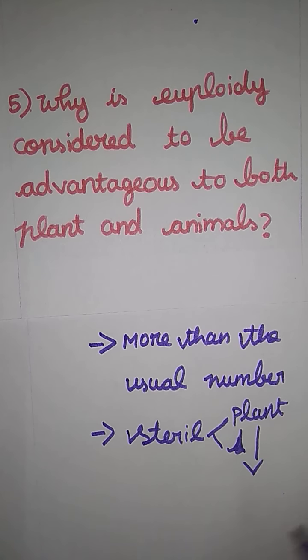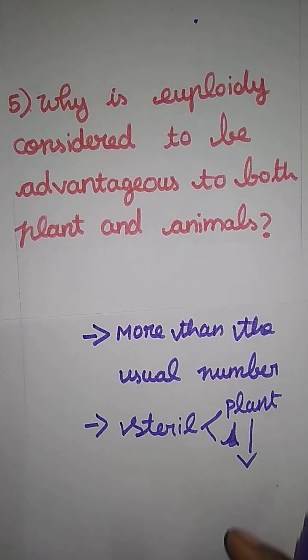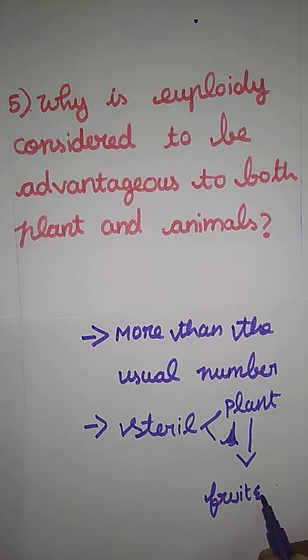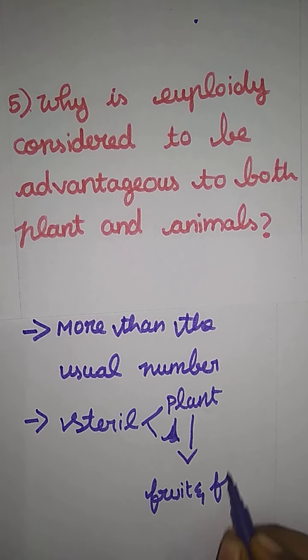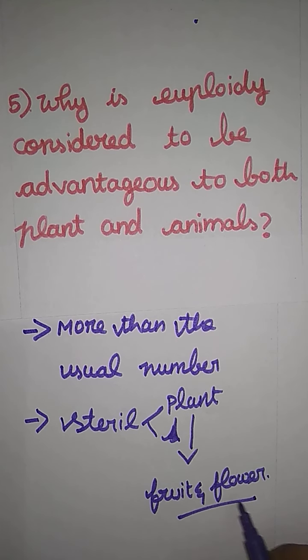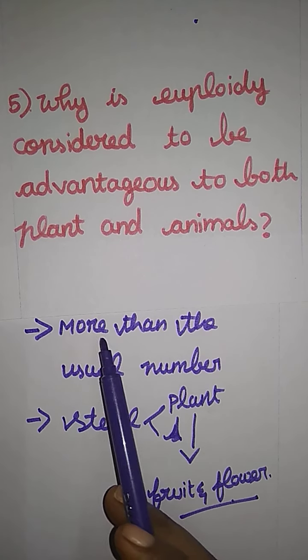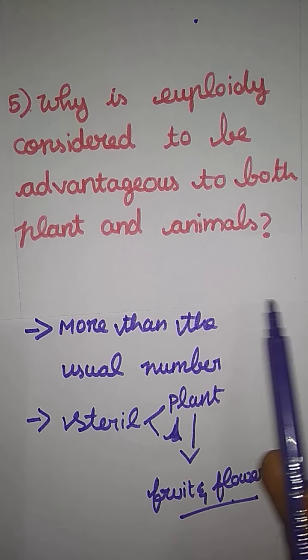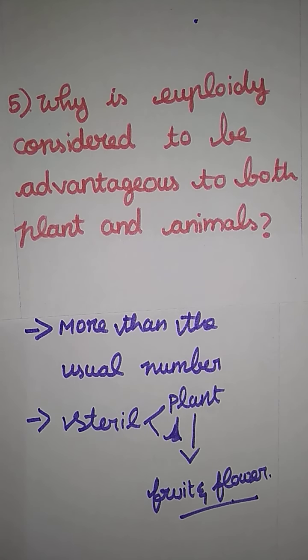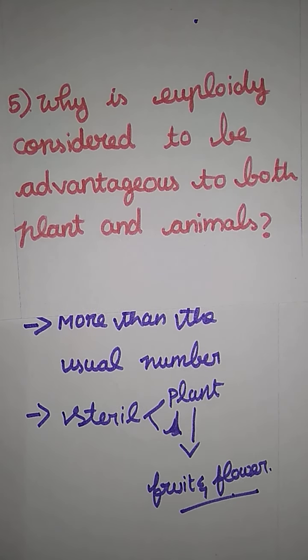What is the reason? Their size is larger than the usual one. The fruit and flowers are larger in size. For that reason, they are said to be advantageous to both plants and animals. For animals, we said euploids are typically sterile with a haploid number.